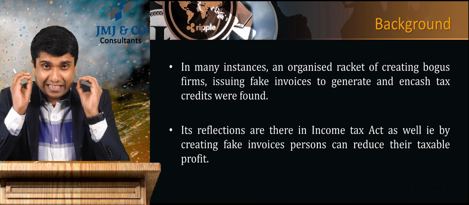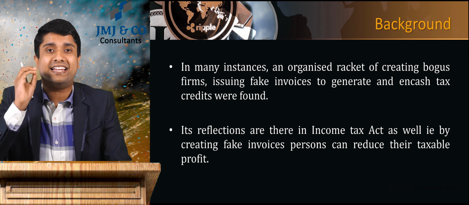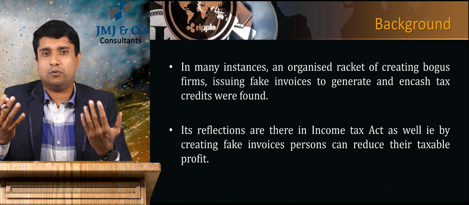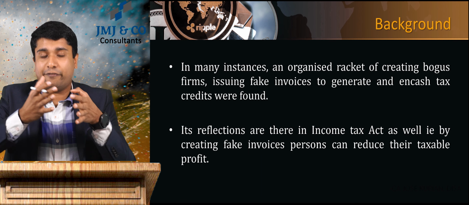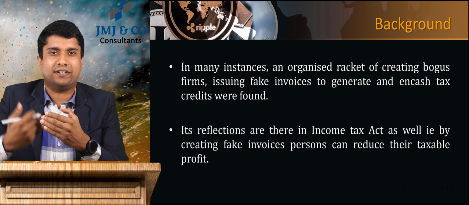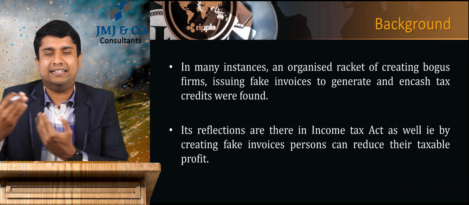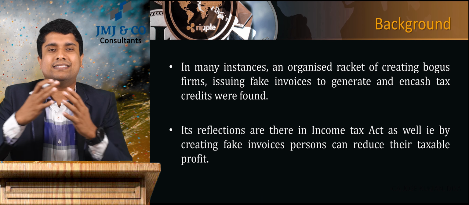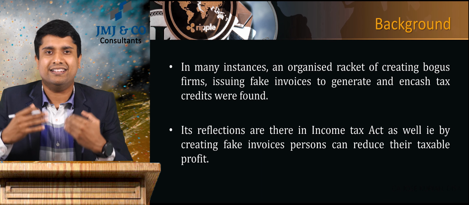Its reflections are there in the Income Tax Act as well. How? Say, for example, one person has given me a fake purchase invoice, then I will show it as an invoice and reduce my profit, right? Indirectly, its impact is there in the Income Tax Act 1961 as well.